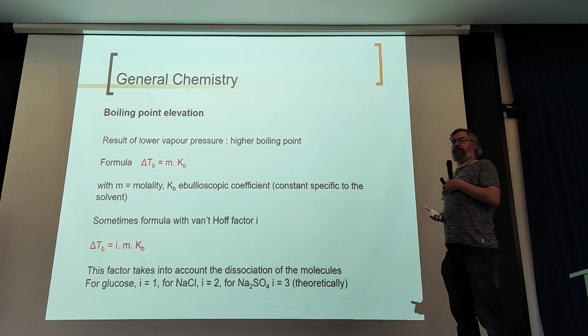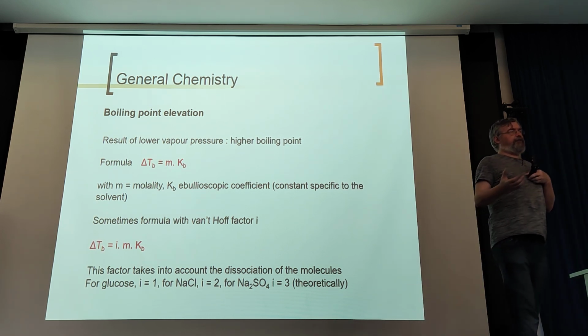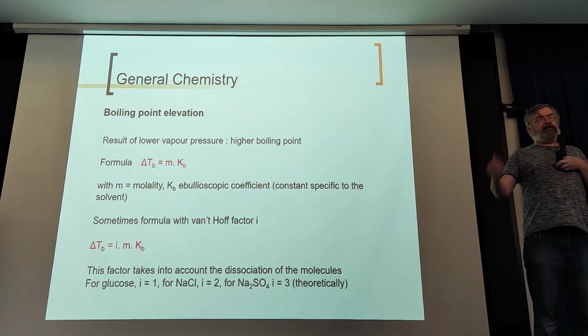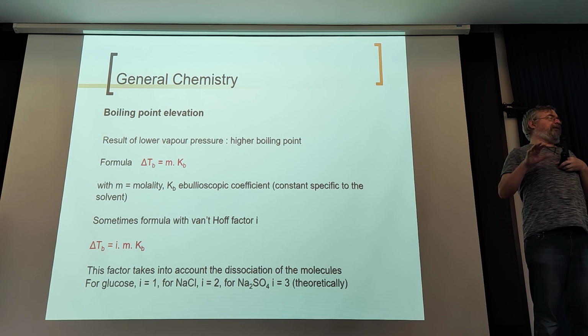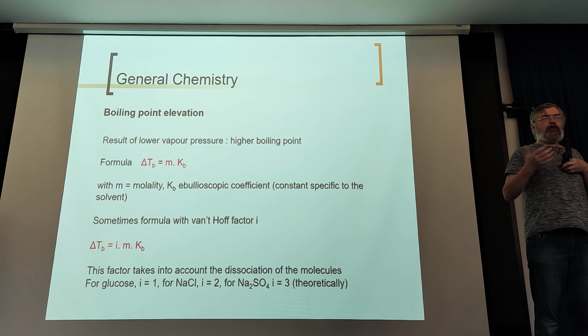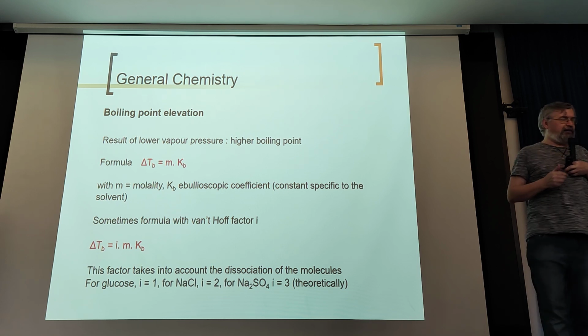Again, we assume that salts that are dissolved are completely splitting into ions, which is an approximation. It's not completely true, but let's say for the sake of calculation, we assume it to be like that.